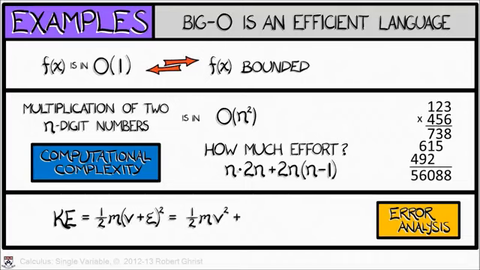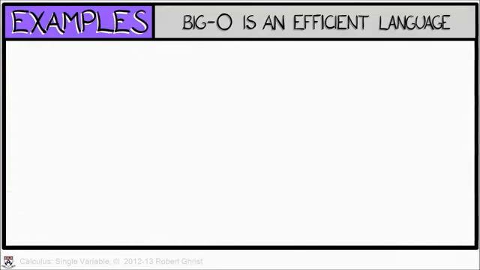Well, of course, if we expand that out, 1/2 mv squared plus m times v times epsilon plus something that is in big O of epsilon squared. What we really care about is the leading order term in epsilon. That is going to dictate what the error in the kinetic energy is. And we can see that that is really the momentum, m times v in this case.